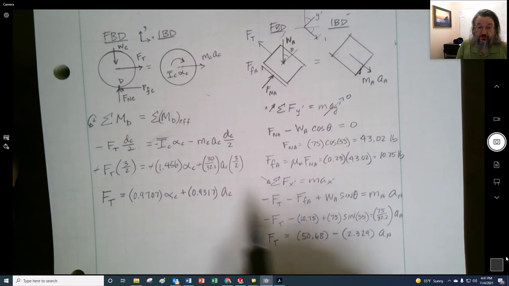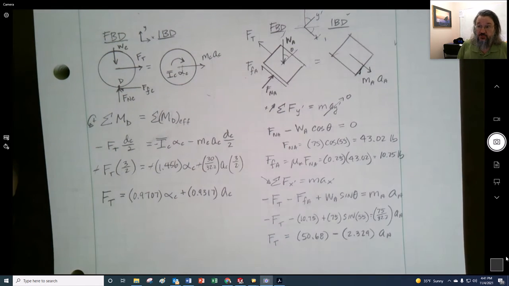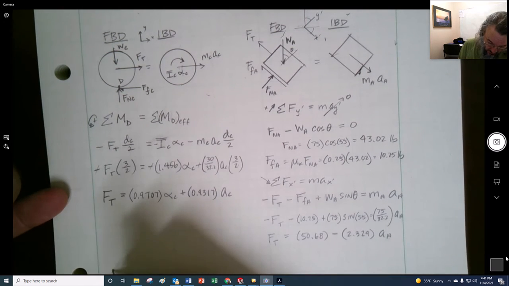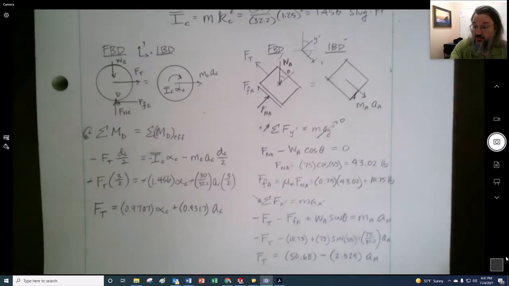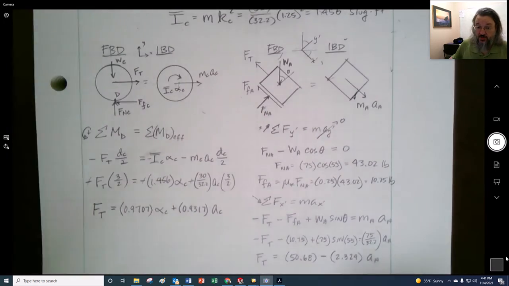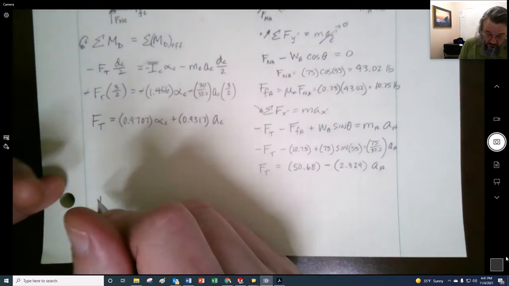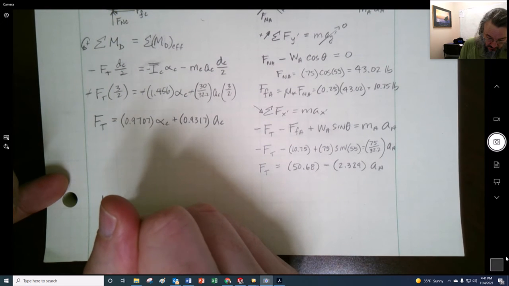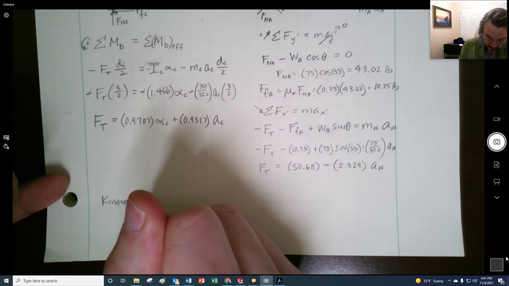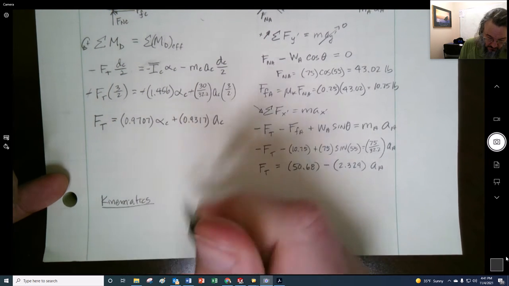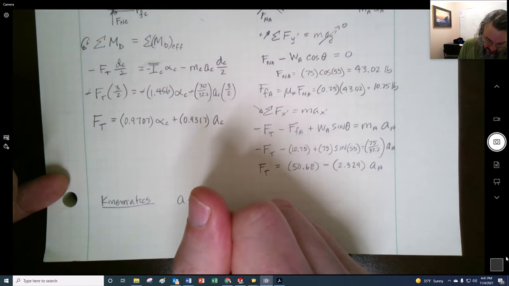All right, so we have two equations and we have four unknowns: 1, 2, 3, 4 unknowns. But we can take simple kinematics.